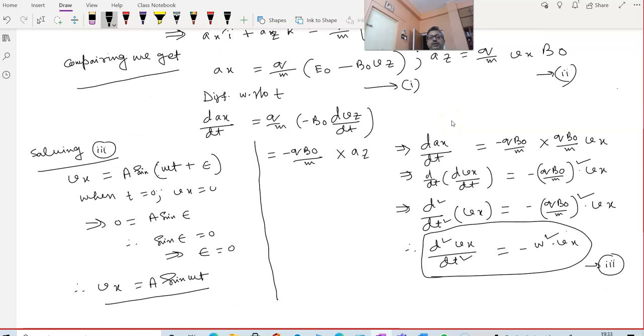Now, Az equal to Q by M B0 into Vx, which is A sine omega t.